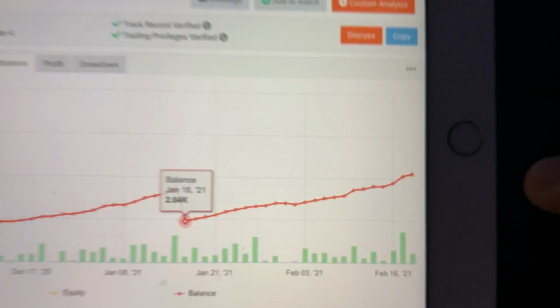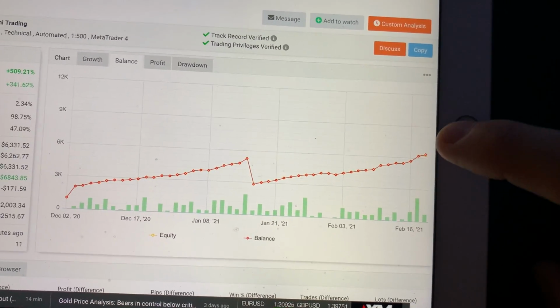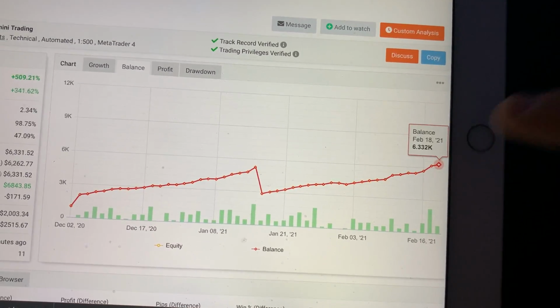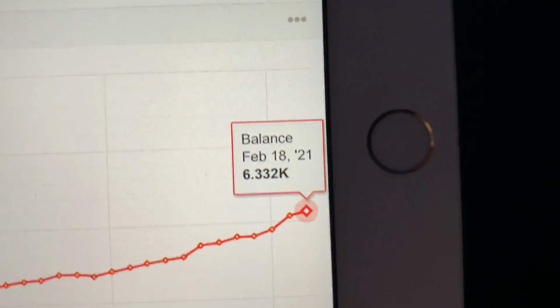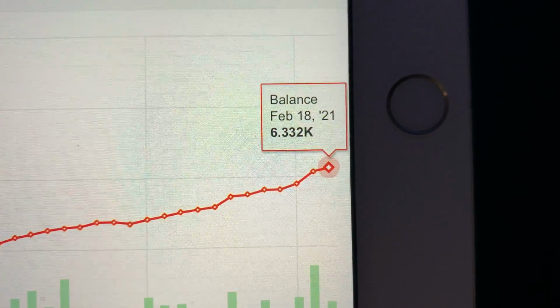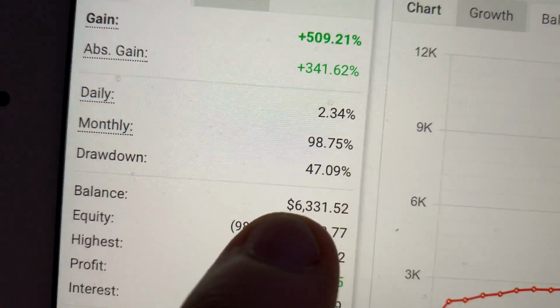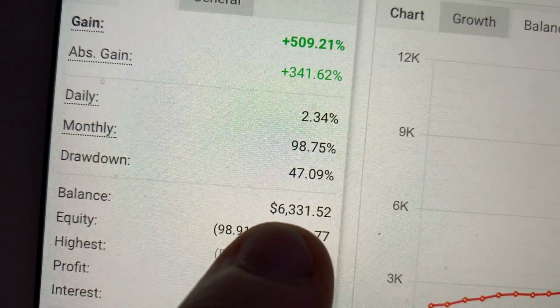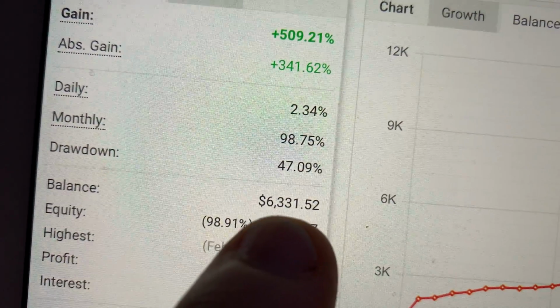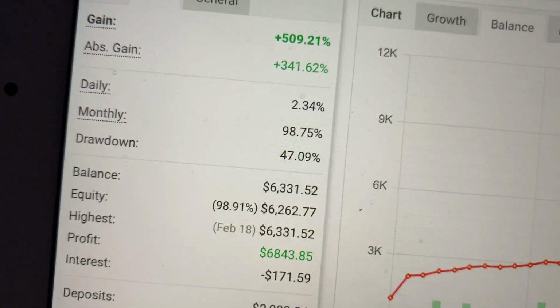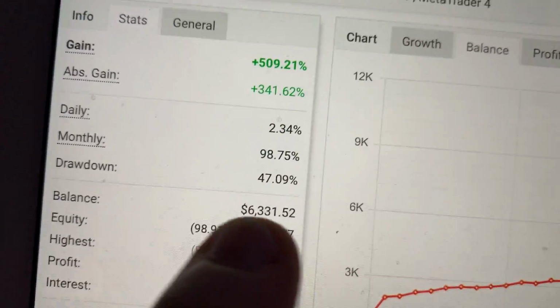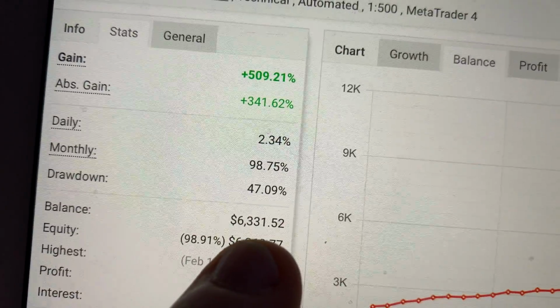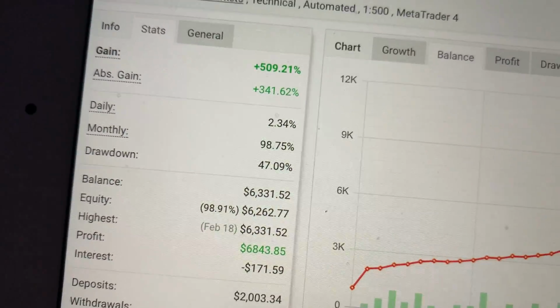And right now my new balance, and I'm not talking about the shoes, my total balance is 6,331 US dollars and 52 cents. Gosh, I'm tired. I'm messing up the numbers.